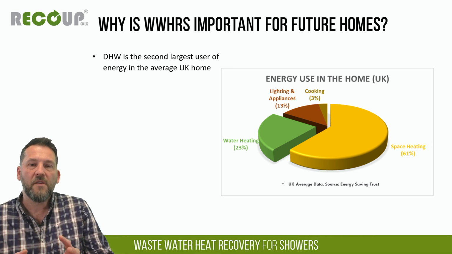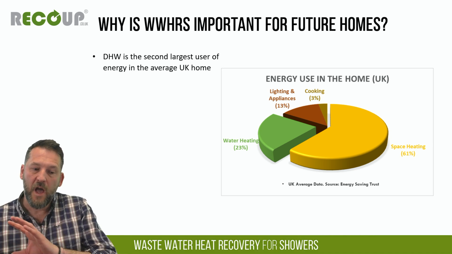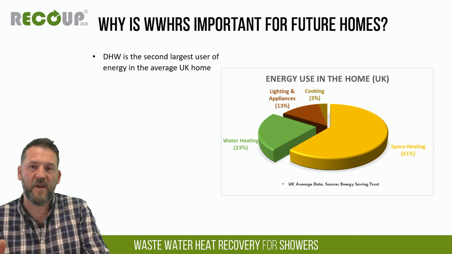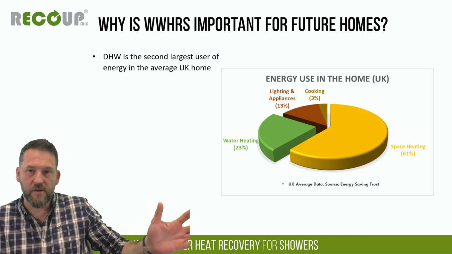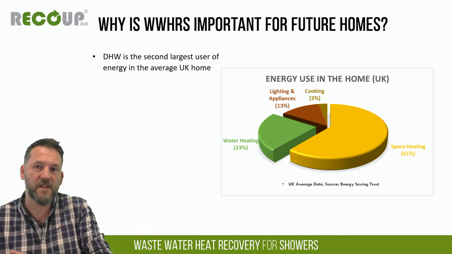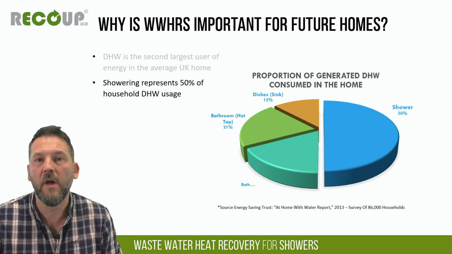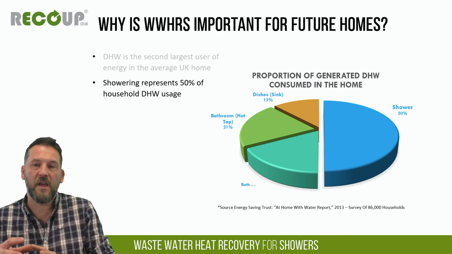So hot water has always been the lesser part of the energy budget in the home, and quite rightly, historically regulation has focused on insulation and space heating efficiency, and has done a very good job of that. The regulations have driven more insulation and more air tightness, and so space heating demand has come down as we've gone forward.